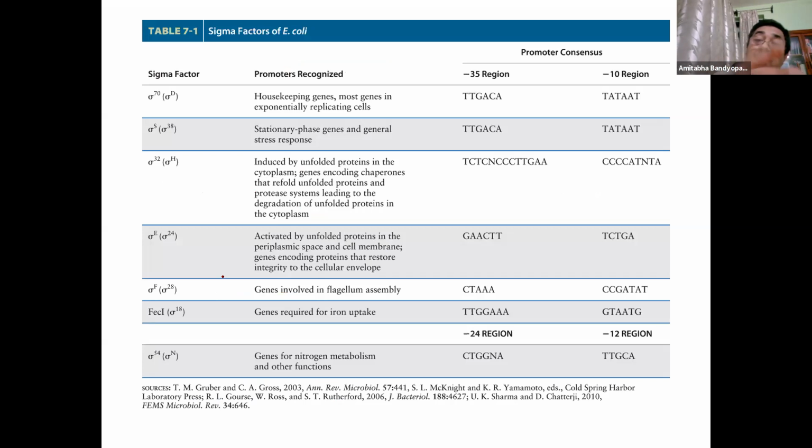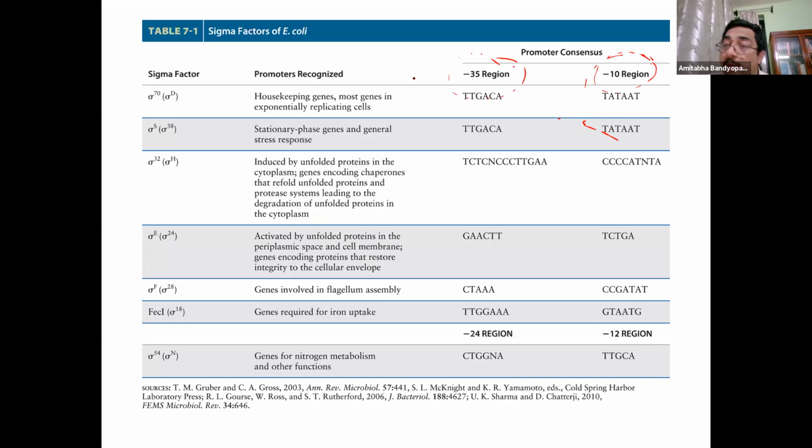And there are multiple different kinds of sigma factors depending on which gene it is. And you see that the promoter sequence, there are bipartite promoter sequences, -10 sequence, -35 sequence, they vary depending on which gene it is and which kind of sigma factor it utilizes.